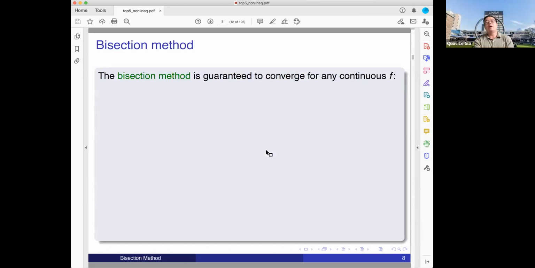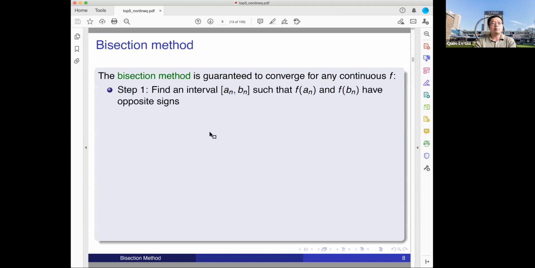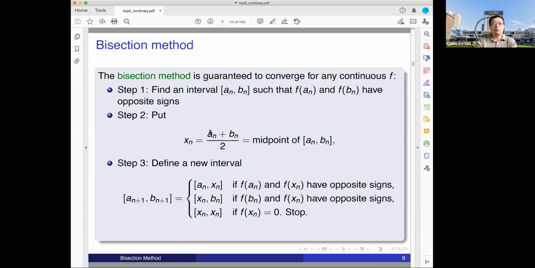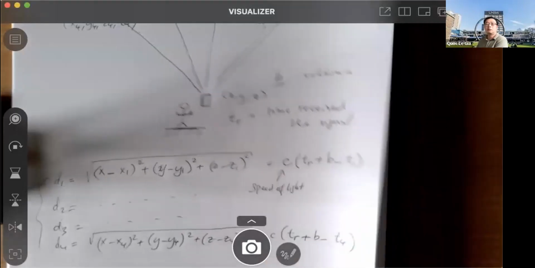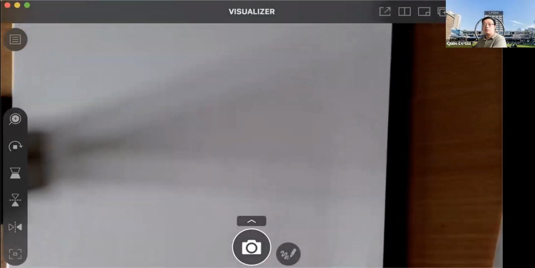So now we go to the very simple method, how to solve nonlinear equations. Okay, so it's the bisection method.